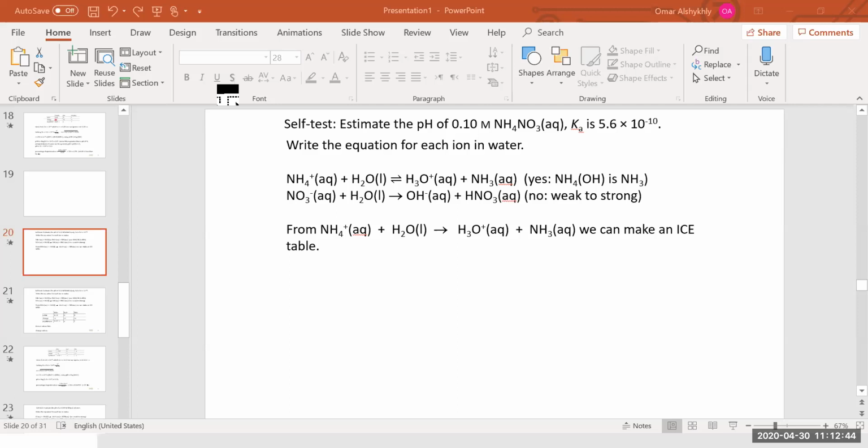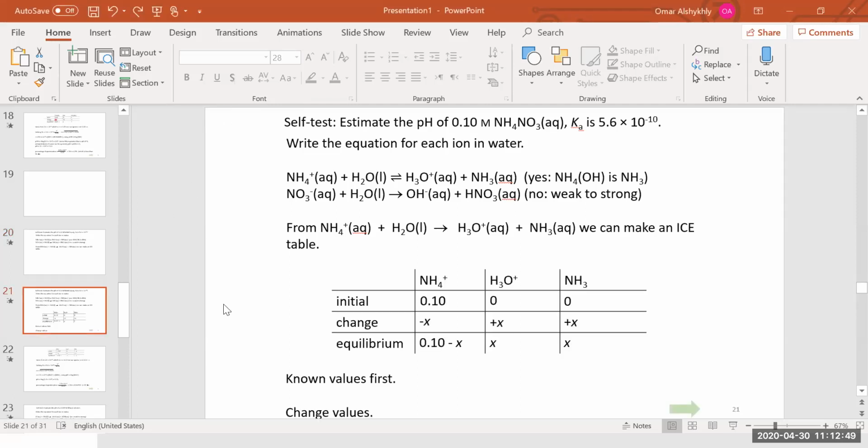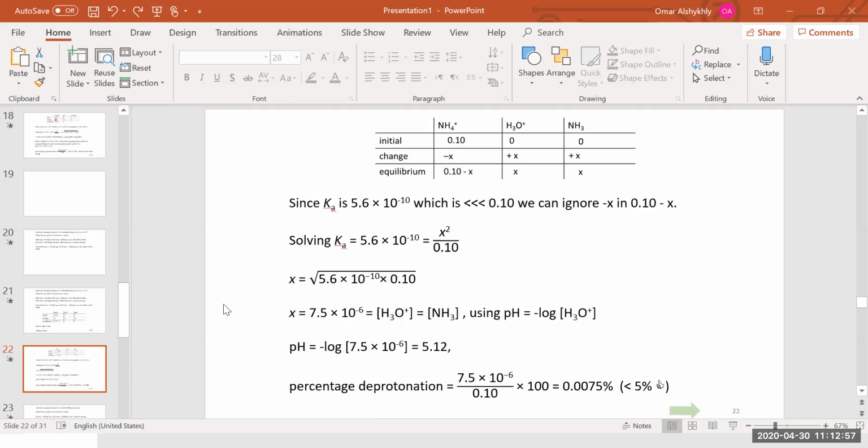Okay, so that's what we have, or what we did. And we did our approximation.